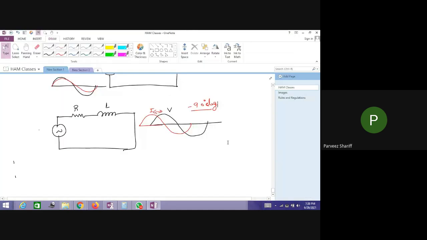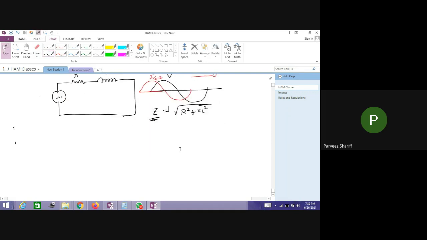Here the impedance, we'll call it Z. The impedance is the square root of R square plus XL square. We can write this. This is the mathematical way of representing the impedance. So impedance is represented by Z.